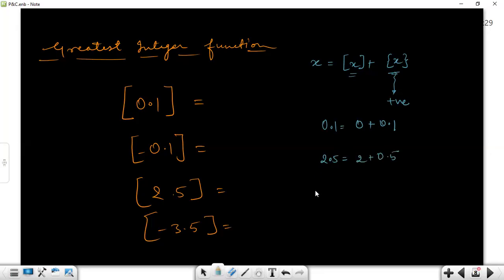If we have to write minus 3.5, then the fractional part can never become negative, so this is plus 0.5 minus 4. Clear? So now this is the greatest integer function of this, and this is the fractional part of this. Is that clear, everyone?